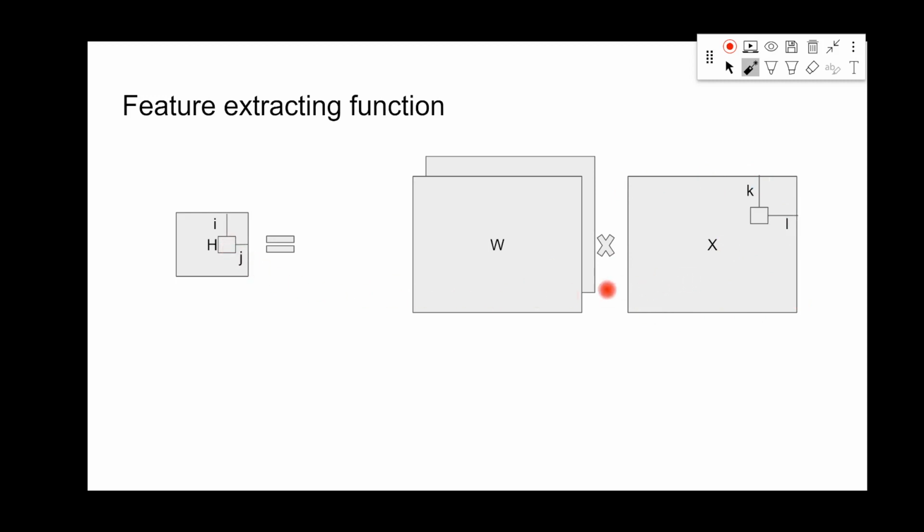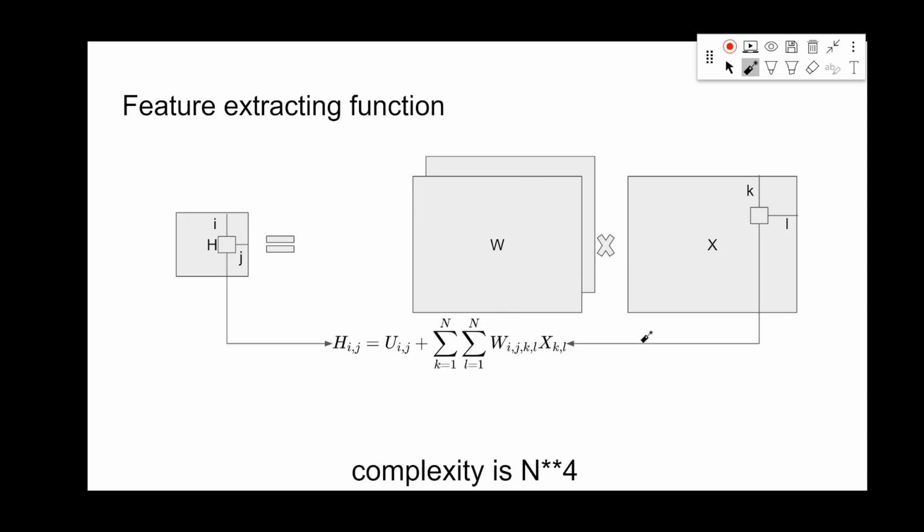And actually, we will use a weighted sum W here. Mathematically, we can write this equation in this way. X_KL is the AB pixel, so K and L are the dimensional index for the whole image. Basically, X_KL is every pixel in the image. Then we use the weight W, which is indexed by IJKL.